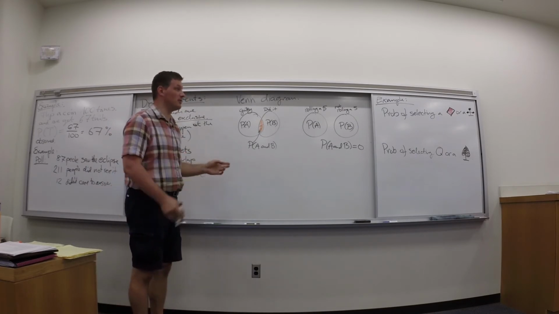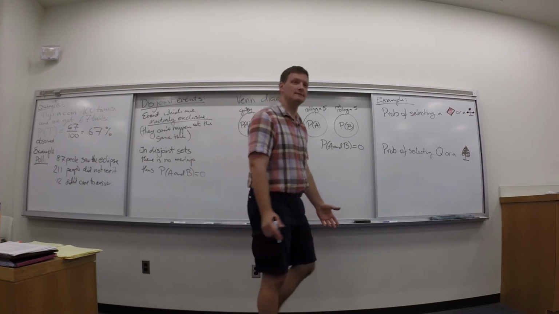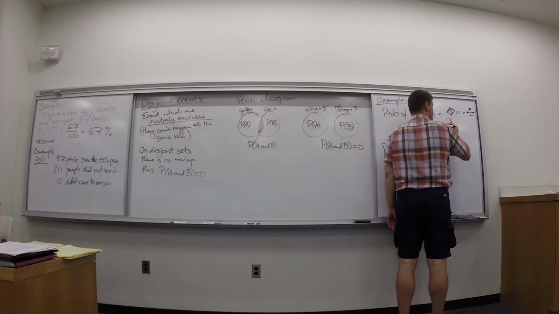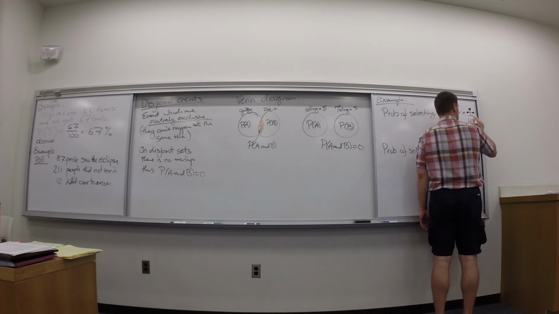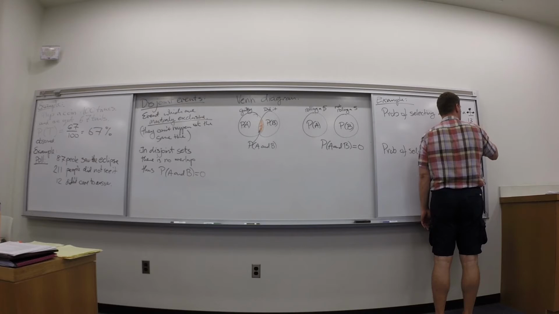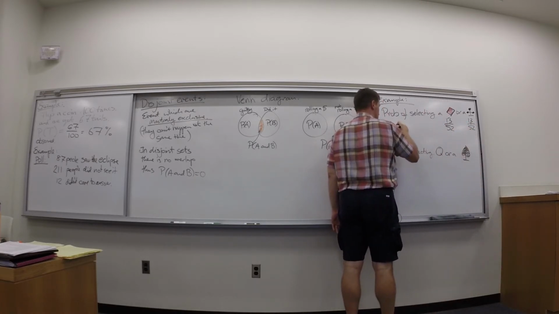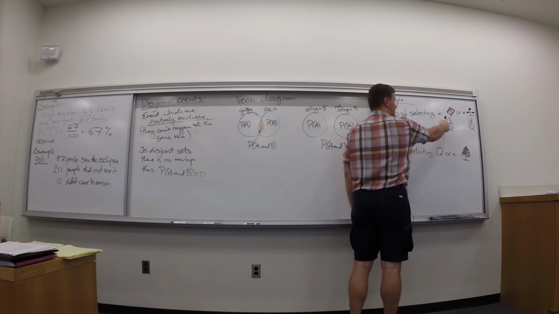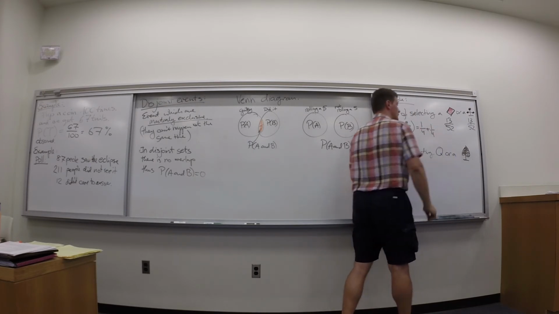All right, so the first one: probability of selecting a diamond from a single deck of cards. How many diamonds are there? Right, there's 13 out of 52 cards. How many clubs? 13 out of 52. So the probability of a diamond or a club is, well, this is 1/4 plus 1/4.